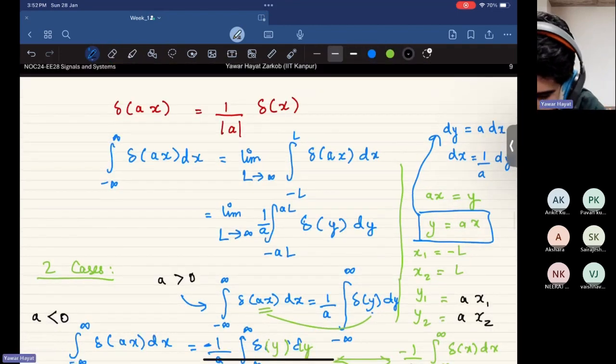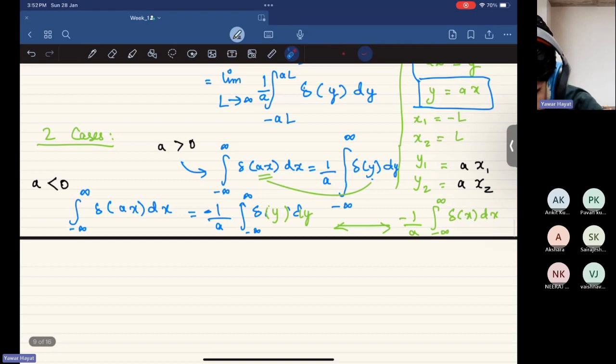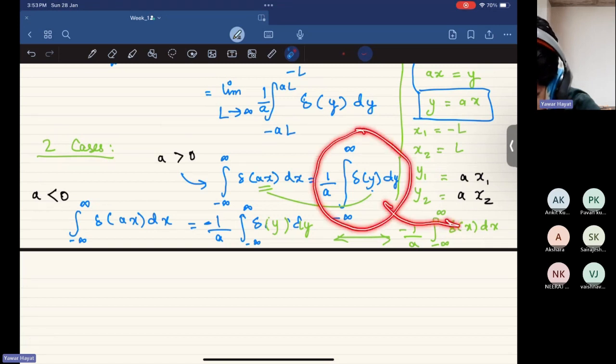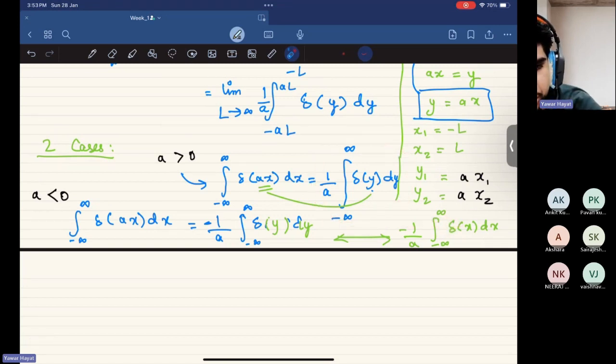In this step, I was using a substitution, y is equal to ax. What I'm doing in this step is just changing the variable of integration, right? It's valid in general. The other way to answer your query is this y was a dummy variable throughout.